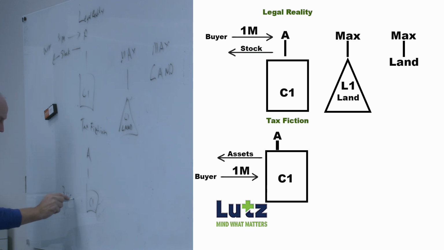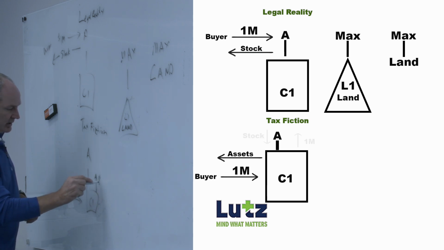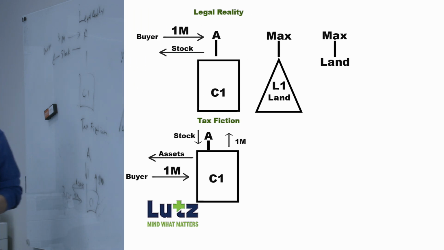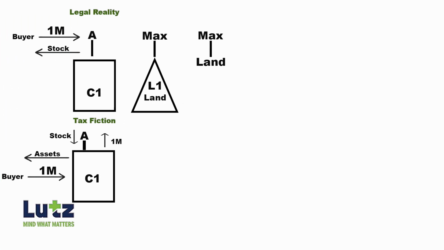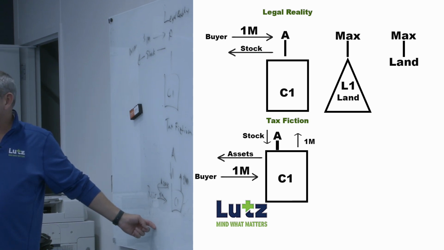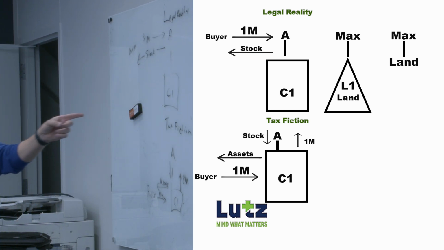The tax fiction is buyer transferred $1 million to C1, and C1 transferred assets. And then C1 liquidated $1 million out to A, and A surrendered the stock. So even though the legal transaction is A sold his shares, the tax fiction is C1 sold its assets and liquidated the dollars out.